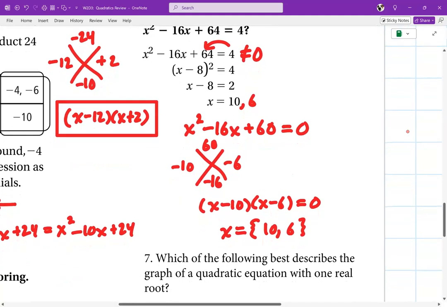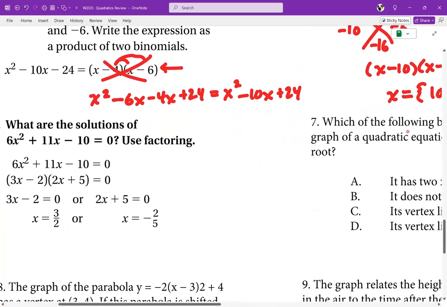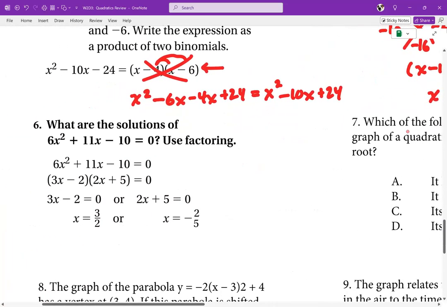These next ones are just kind of like some questions, I think. What are the solutions to that? Use factoring. So 6x squared plus 11x minus 10 equals 0. They're saying the two answers are 3 halves and negative 2/5. But I'm going to have to factor it because obviously there's errors, they said. Okay, let's go ahead and factor this.